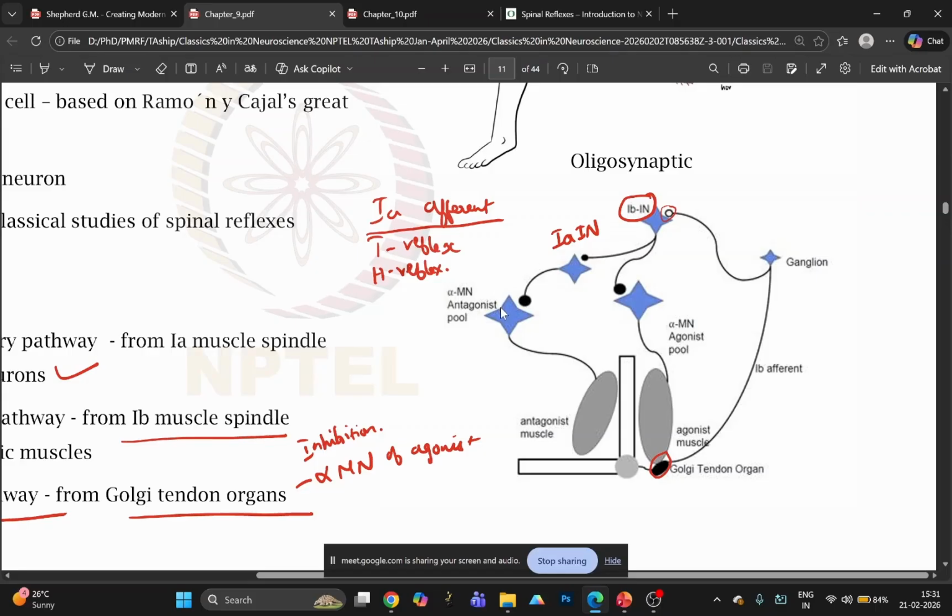The 1A interneurons are going to synapse with the alpha motor neurons of the antagonist, the flexor muscle, that is the hamstring here, and that will tell the antagonist to relax. And the third one is the feedback from the Golgi tendon organ to the 1B interneurons, which will then tell the alpha motor neurons of the agonist to stop contracting after a point.